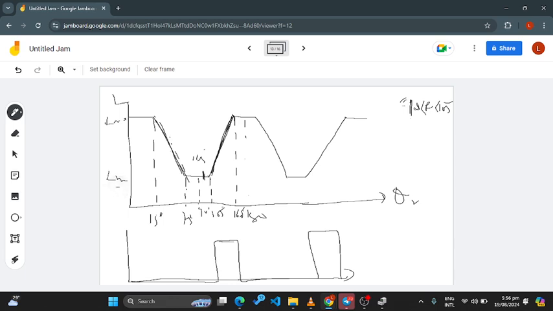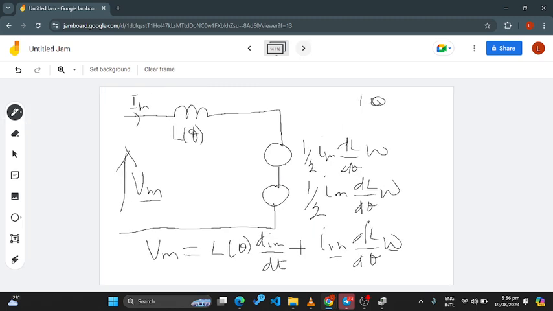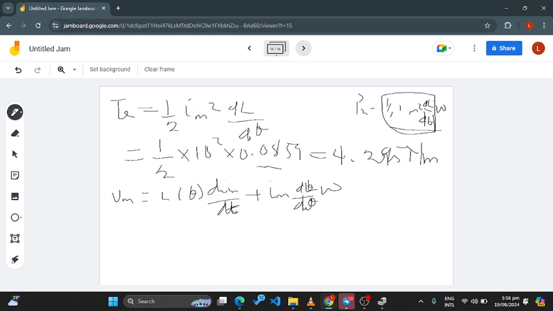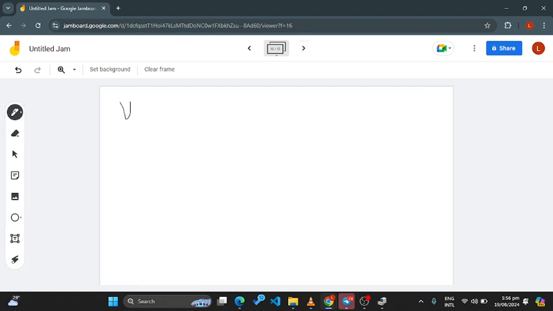So between 90 and 105, the inductance is constant. And if the inductance is constant, it means that dL d theta is equal to 0 at that point, or the slope there is 0. So if the slope there is 0, then Vm reduces to just L of theta dim dt.